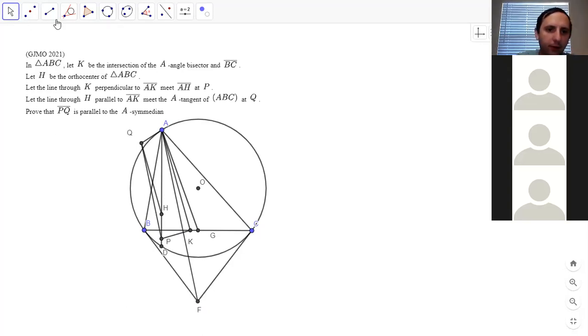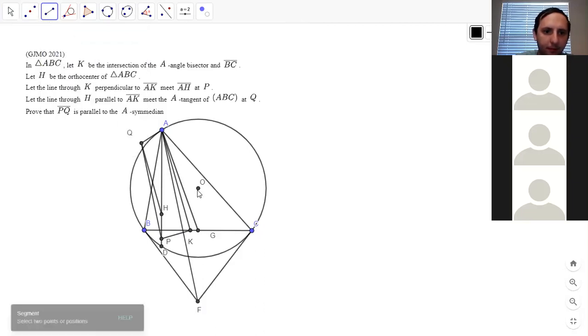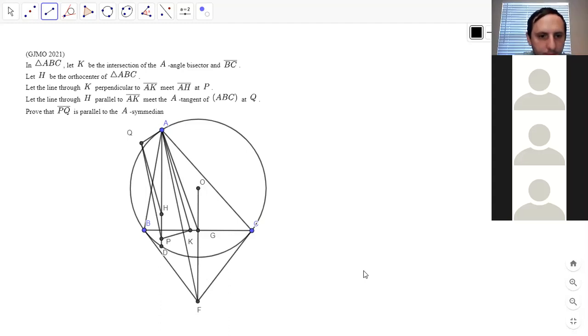So, oh yeah, OG and F are collinear, obviously. We'll just draw that in. Also, AK passes through this point. So yeah, it's probably worth drawing that.